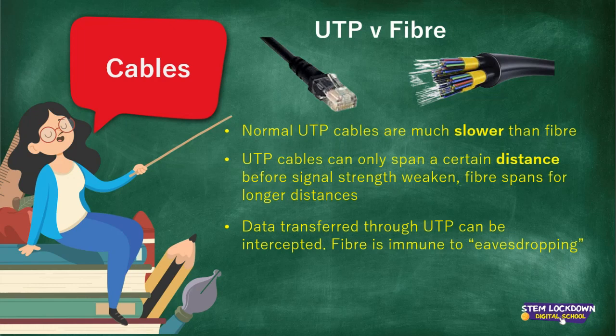Right. Data transferred through UTP cable can be intercepted. Fiber is immune to eavesdropping, in quotes. What are we talking about? Now, you see, in the life that we live now, they call it the digital age or the fourth industrial revolution, and there is artificial intelligence, AI.